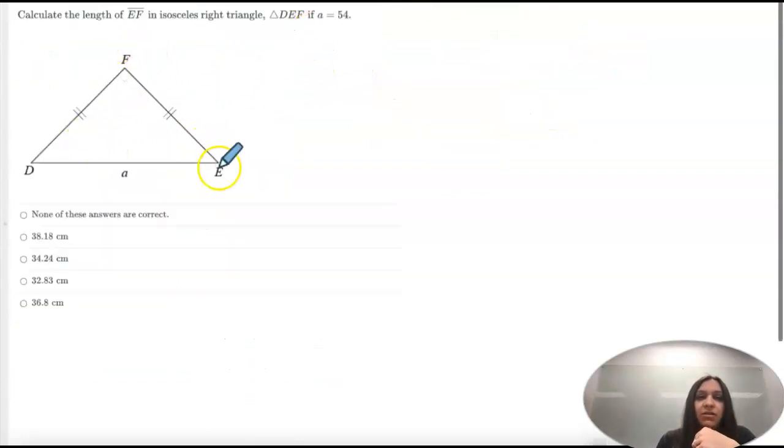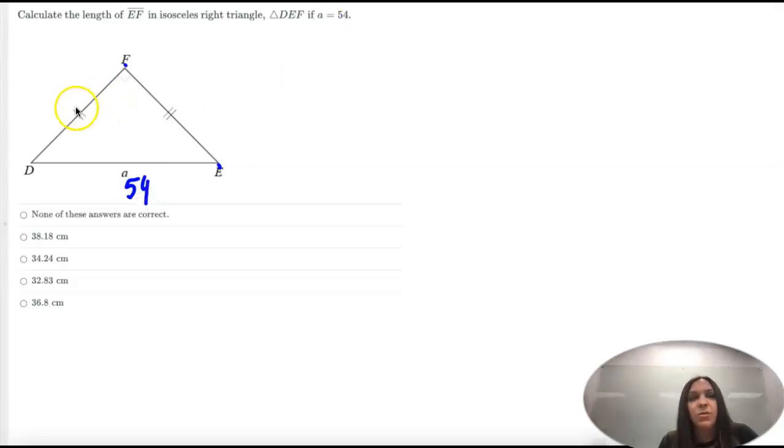Calculate the length of E to F in an isosceles triangle if A is 54. So now we're going the other way. These sides are the same, which means these angles are the same. If they're the same, then they have to be 45 because this is a 90-degree angle.